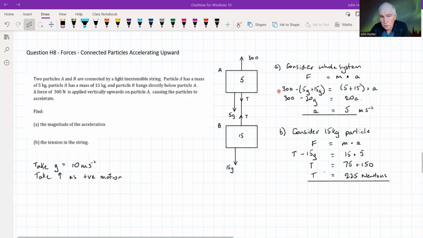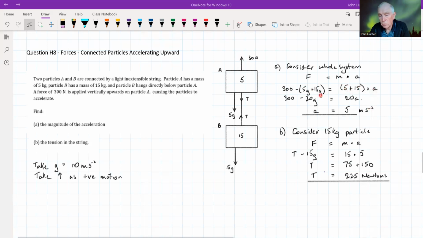The other thing we're saying here is that as far as motion is concerned, upward is positive. So we're looking at the net force upwards. That's 300, minus the combination of these 5g and 15g downwards, and that's going to be equal to the mass of the system, which is 5 plus 15, times its acceleration.